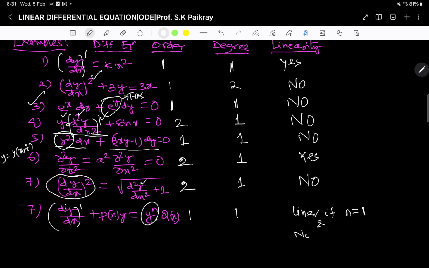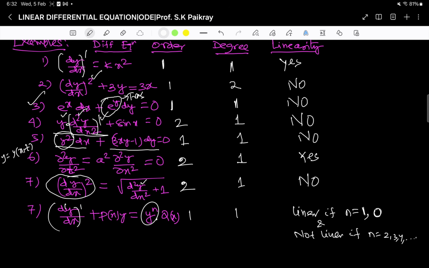It is not linear if n is equal to 2, 3, 4, and so on. If n is 0, then also it is okay, there will be no y here. So these are the examples of the linear differential equation.